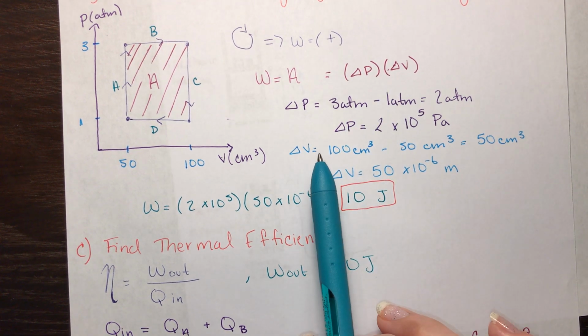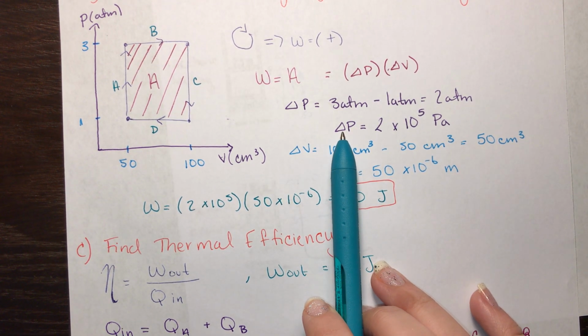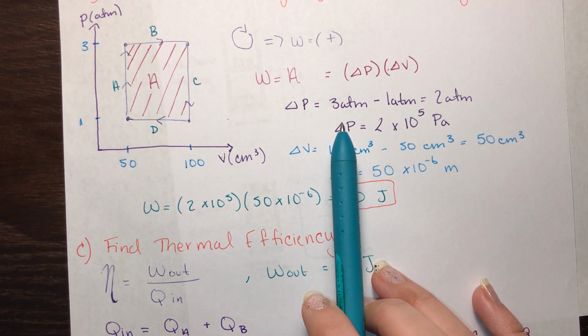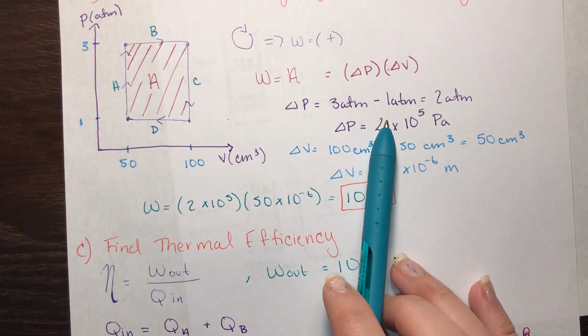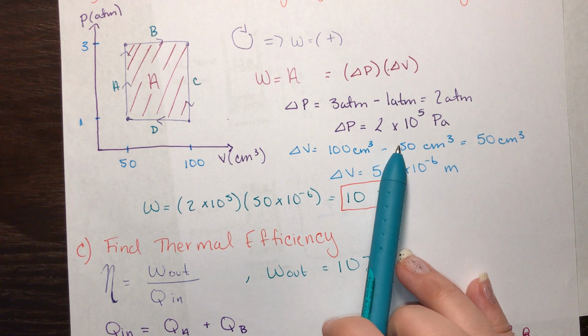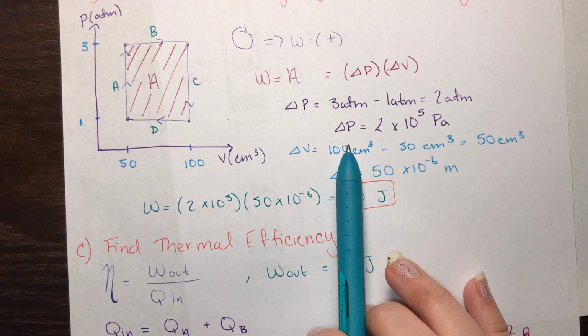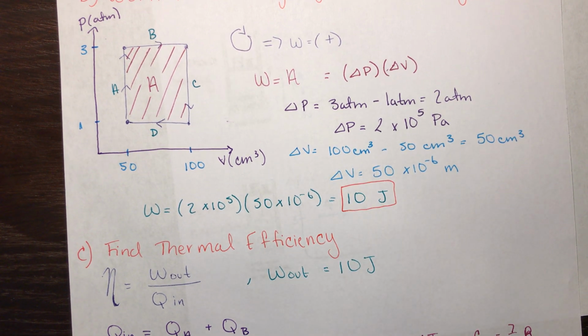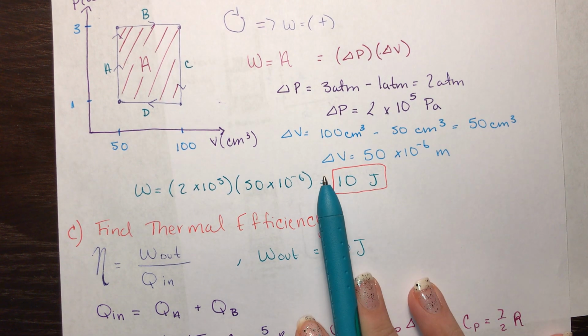So our change in pressure, we have our final pressure, which is 3 atm, minus our initial, which is 1 atm. So we have 2 atm, converting that to pascals, our change in pressure is going to be 2 times 10 to the positive 5 pascals. Similarly, we find the difference in volume.